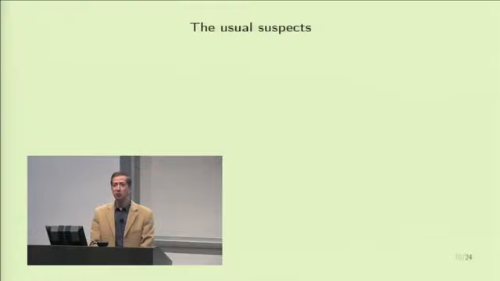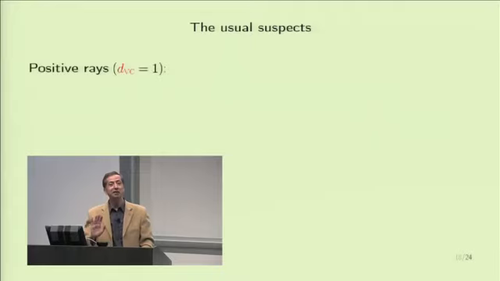So now let's look at the usual suspects and see if the correspondence between degrees of freedom and VC dimension holds. Who are the usual suspects? I think this is the last lecture where we are going to see the positive rays and the rest of the gang, so don't despair. Okay, positive rays. What is the VC dimension? That was 1. I can shatter at most 1 point.